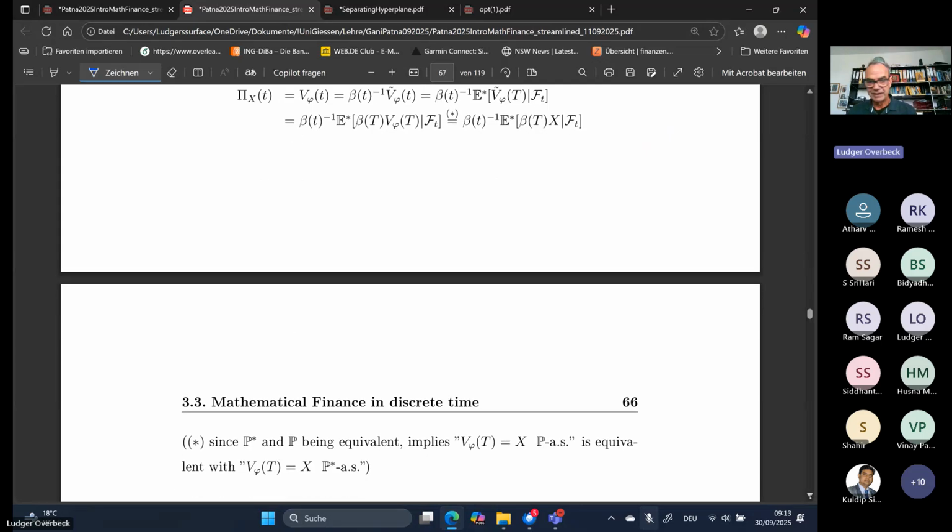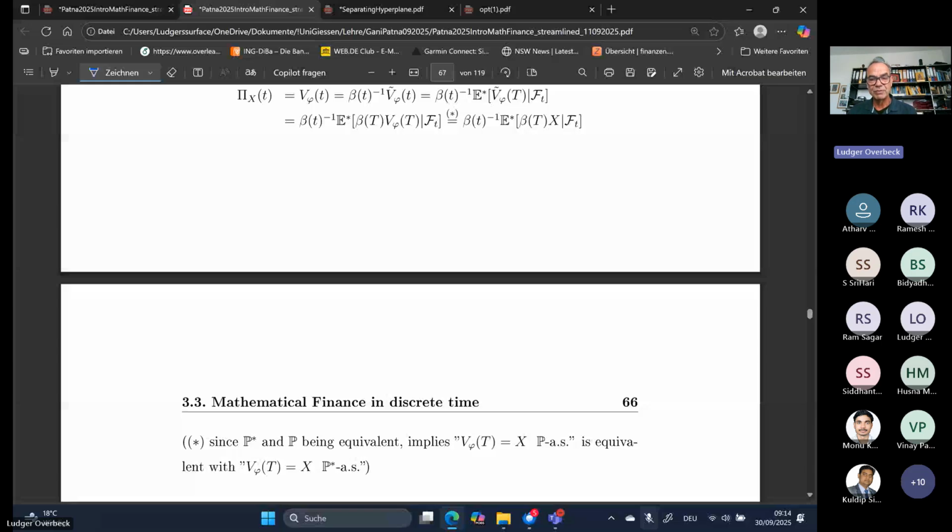Excuse me, sir. Yes, please. Sir, what would be the possible cases in which the replicating strategy wouldn't be unique? If you have multiple martingale measures and non-attainable claims, then you have an interval of prices.